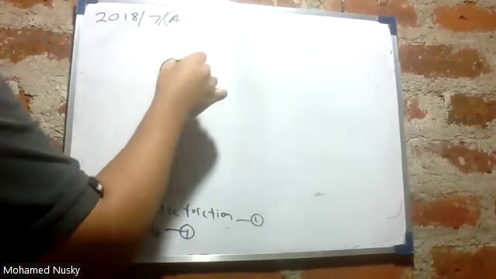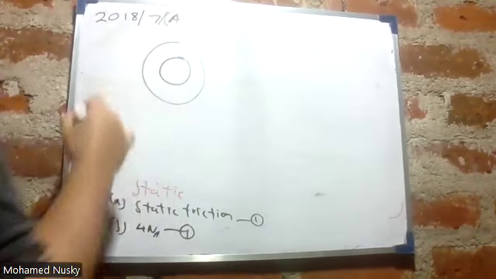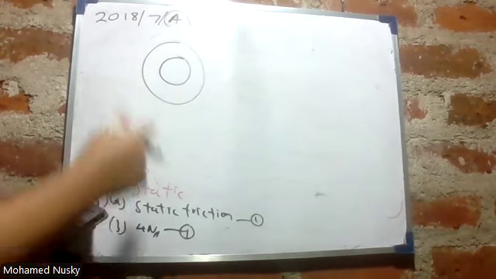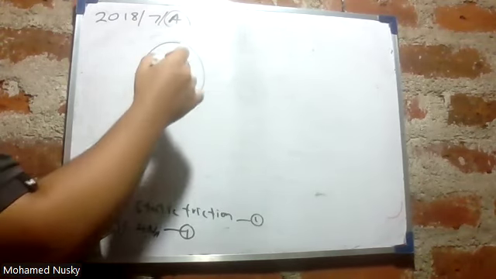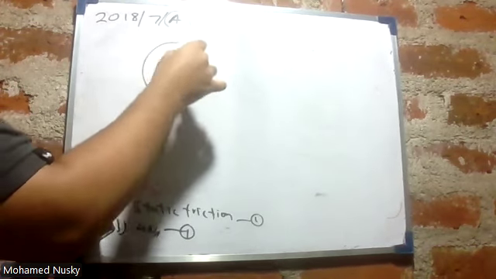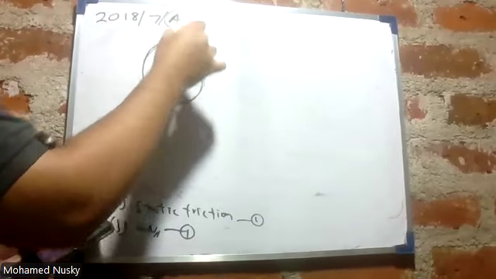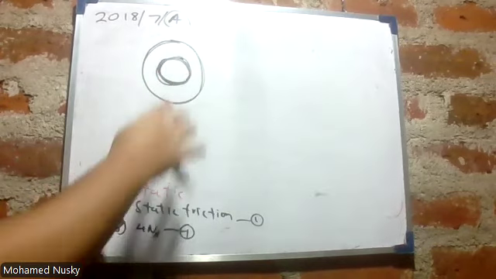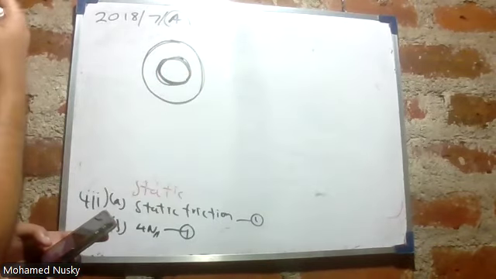A bearing is something like this. For these gates, they are using this bearing. Here there will be a metal sheet, some iron or metal. Here also there will be iron. When these two get in contact with each other, there will be friction between both of them.